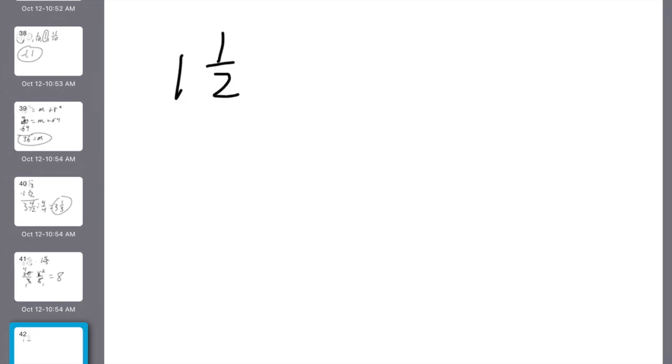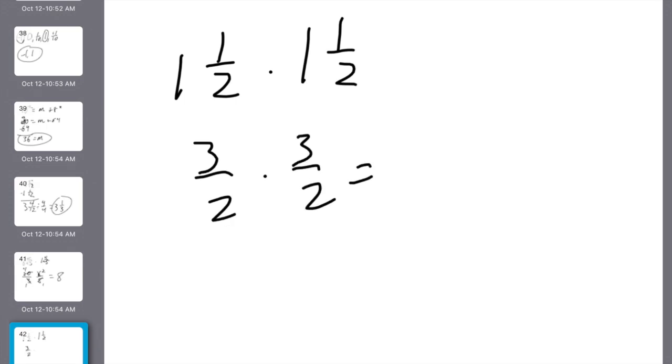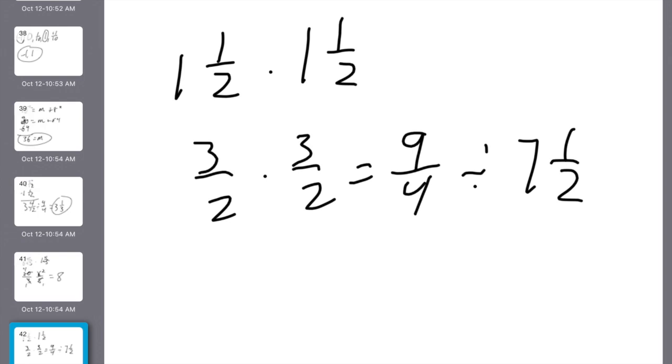23. Step 1, 1 and 1/2 times 1 and 1/2. That's 3 over 2 times 3 over 2 equals 9 over 4. Step 2, take that answer and divide it by 7 and 1/2. Now notice, guys, I didn't switch that back to a mixed number because I have to have it improper anyways.